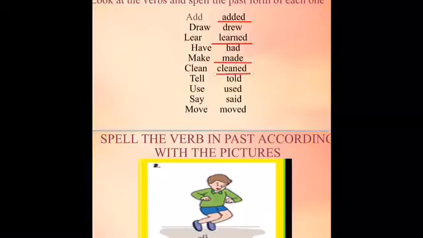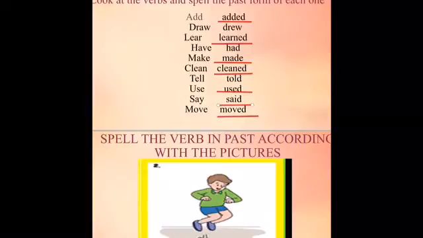Tell, told, use, used. I am adding d at the end. It means that this is a regular verb. Say, said, move, and moved. Okay, you see the pronunciation changes as well. Moved, and finally said.